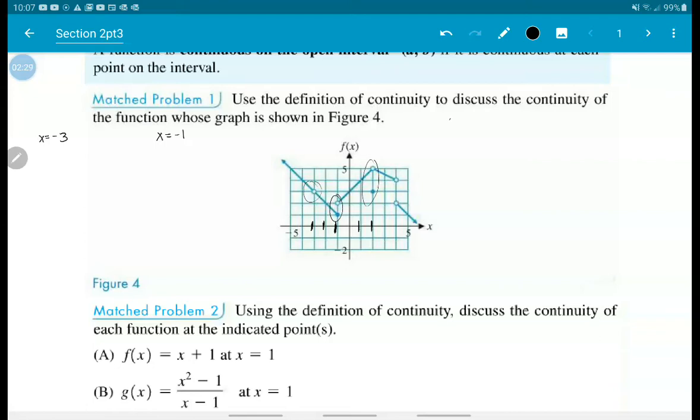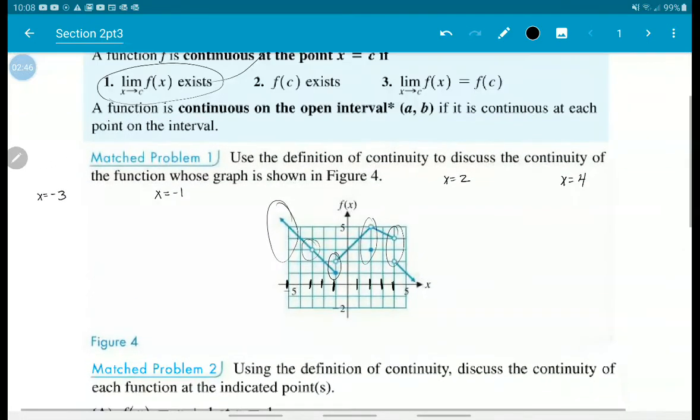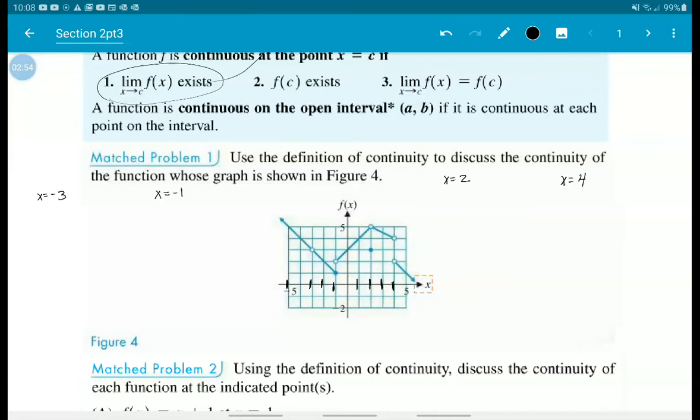So that's happening at x equals 2. And then at x equals 4, we have something interesting happening also. Now, everywhere else, this function is going to be continuous. If we were to test what's going on at -5, all the criteria would be fine. We're really just concerned with those interesting places.